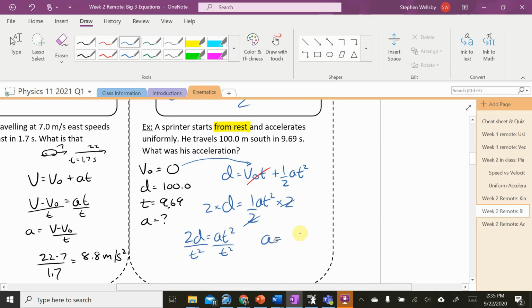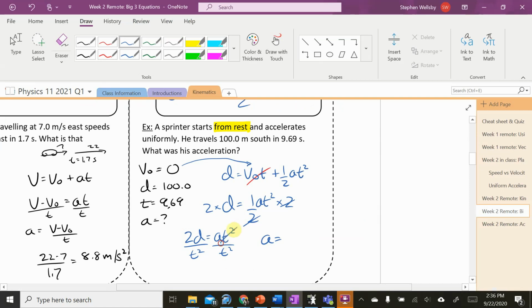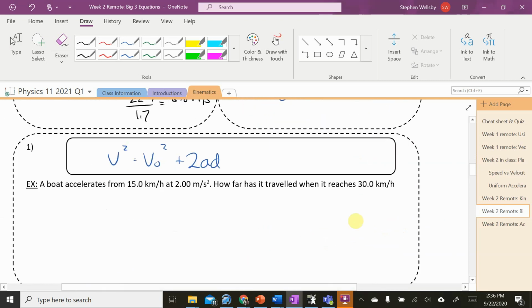And so I have A equals 2D over T squared, which is going to be 2 times 100 divided by 9.69 squared, and that will be 2.13 meters per second squared. So there we go. All right, now let's take a look at problem number 3.